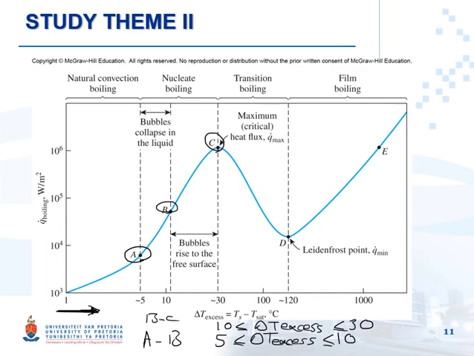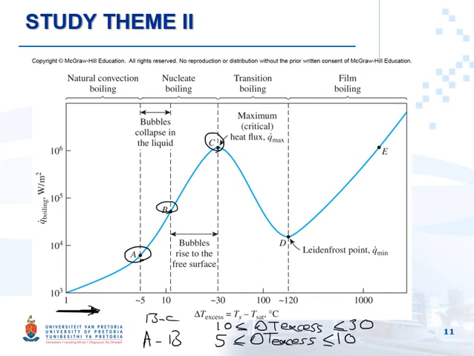Now let's speak about why we have these two subsections here. In the first region, between A to B, isolated bubbles form at nucleation sites on the heated surface and separate from the surface.